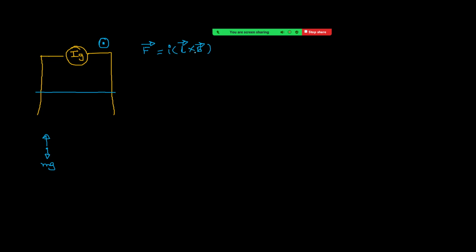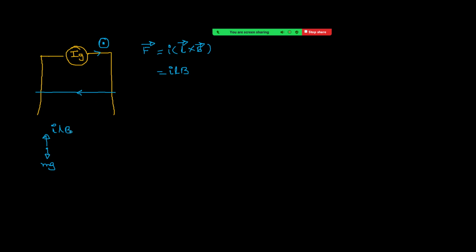B bar is normal to this plane and L bar is according to the given direction of current, so L bar and B bar are mutually perpendicular. So the modulus value is ILB. This is balancing the weight. Now the condition is we are replacing that wire with a wire of double the mass.